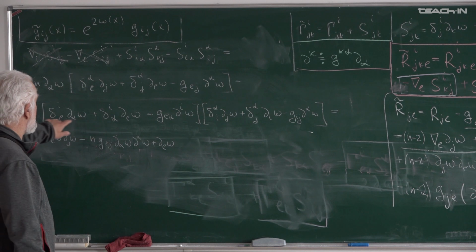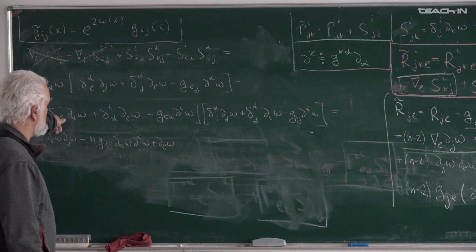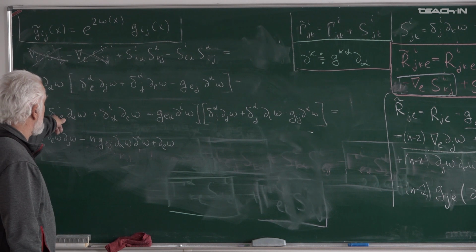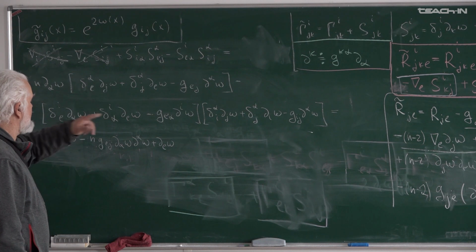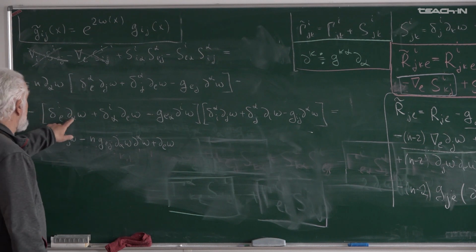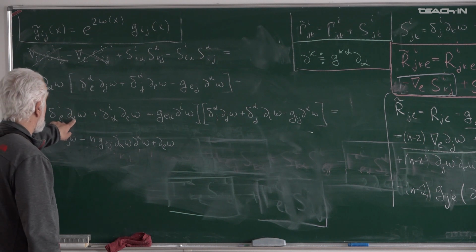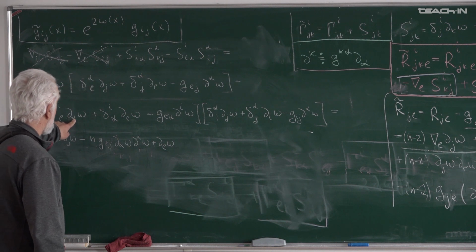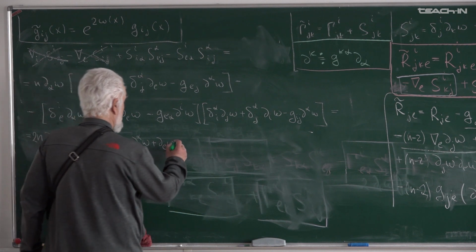Yes, first we sum by alpha. Okay, let's sum by alpha. If you sum by alpha, you obtain dl, di omega. Dj omega.